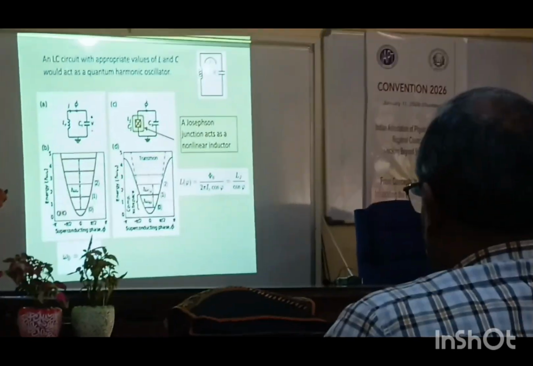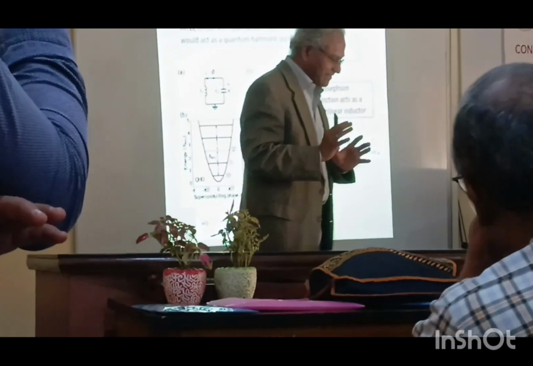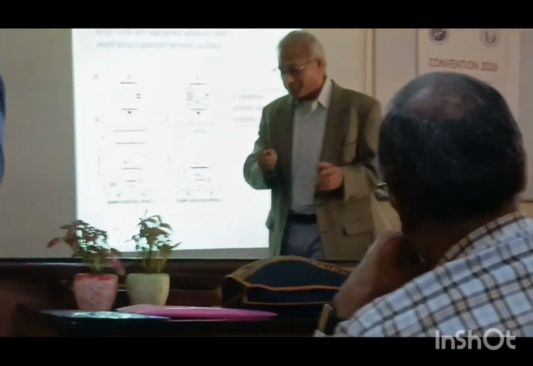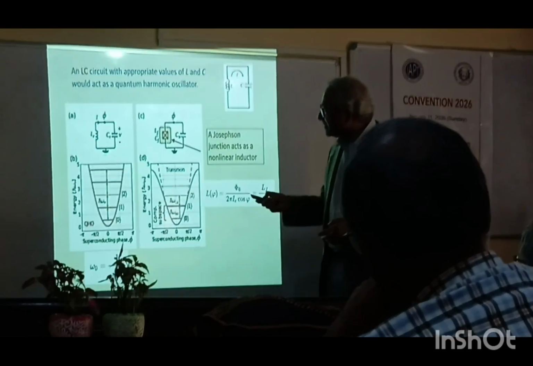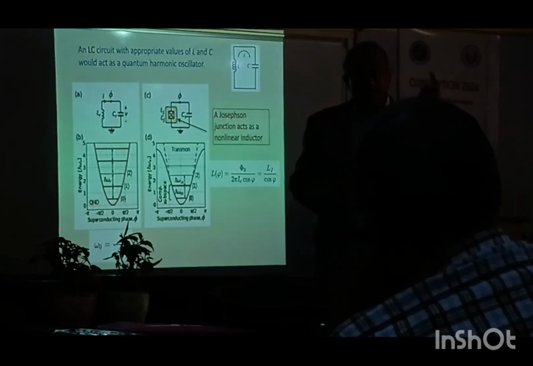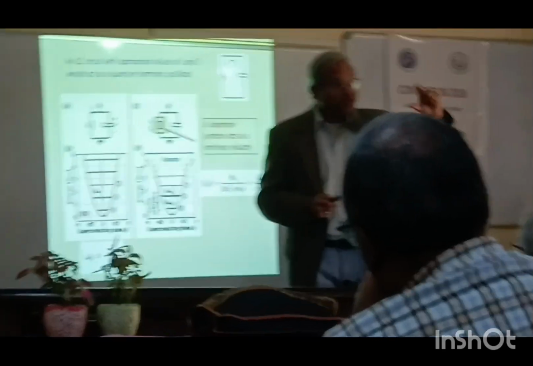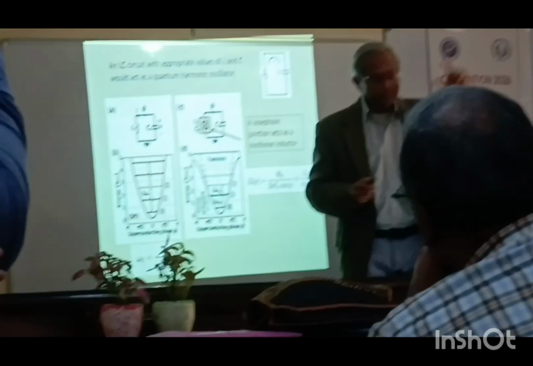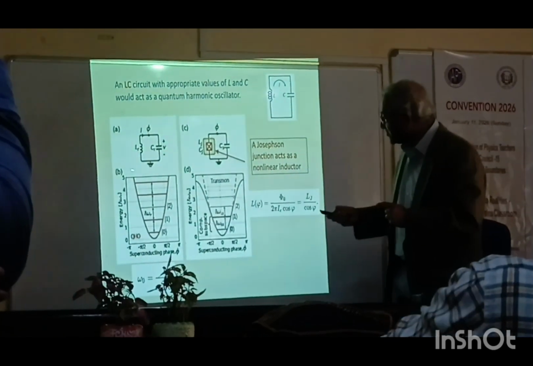So now, let's go back to the difference between the ordinary LC circuit and the LC circuit that we came across just now. In an ordinary LC circuit, by choosing proper values of L and C, you can choose your omega, right? So you can choose the discrete energy levels. That would be quantum. But it's actually a harmonic oscillator.